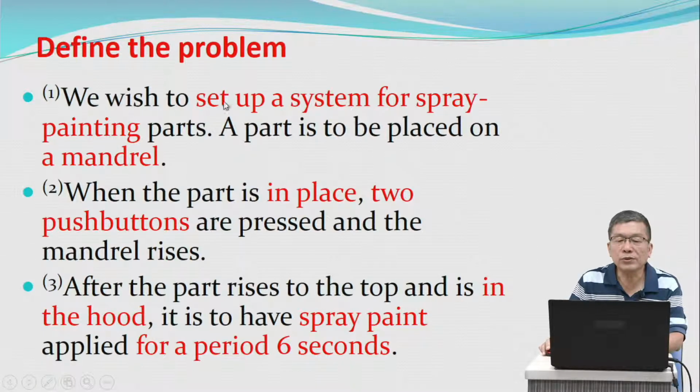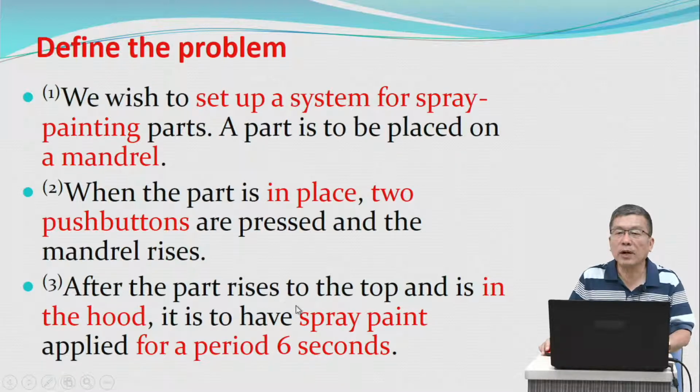We wish to set up a system for spray painting parts. A part is to be placed on a mandrel. When the part is in place, two push buttons are pressed and then the mandrel rises.